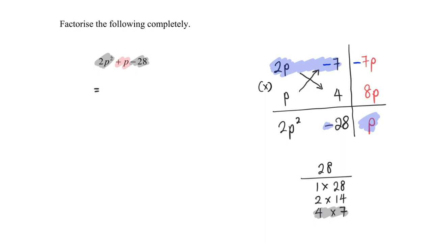So the answer will be 2p and negative 7, p and positive 4. Let's move on to the next question.